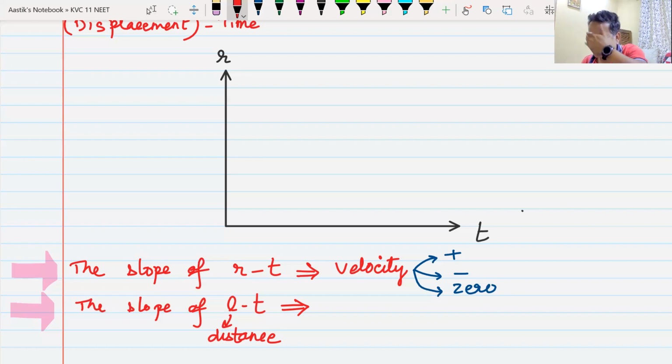The class that I can't see, can anyone tell me? Yes, beta. We've only read these things up till now: distance, displacement, speed, velocity, and acceleration. What does the slope of distance time graph give us?